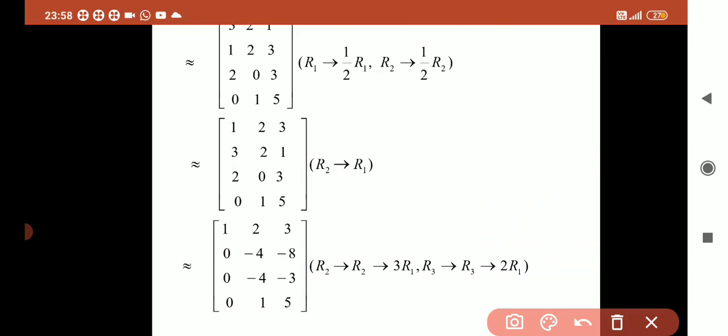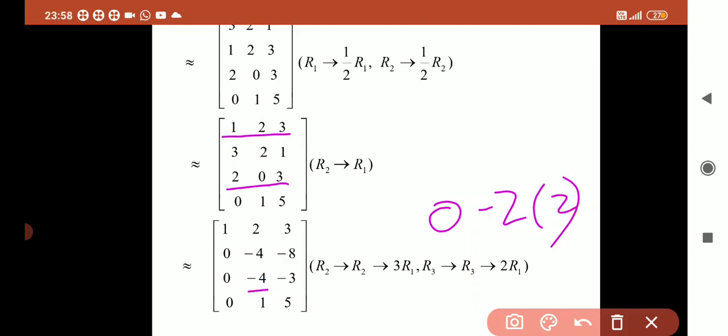Similarly we are changing R3 also. R3 changes to R3 minus 2 times R1. The first element is 2 minus 2 times 1, which is 2 minus 2 equals 0. The next element is 0 minus 2 times 2, which is 0 minus 4, that is minus 4.